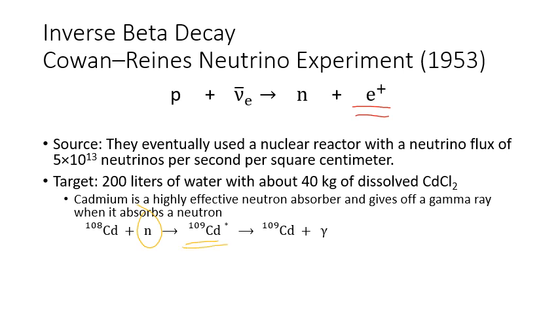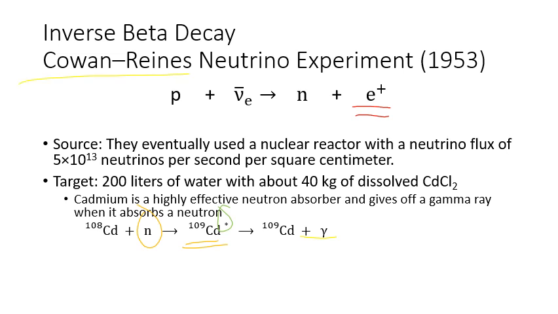There's a little star there, and the star indicates that the cadmium is excited. So when the cadmium nucleus absorbs our neutron, it does so in an excited state. That nucleus wants to get back down to ground state, and it does so by emitting a gamma photon. And what Cohen said is there's nothing else that's going to do this.